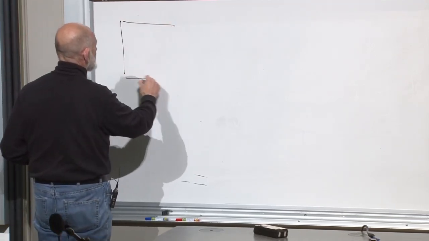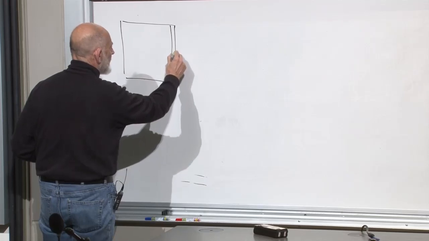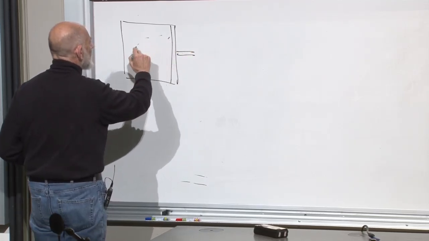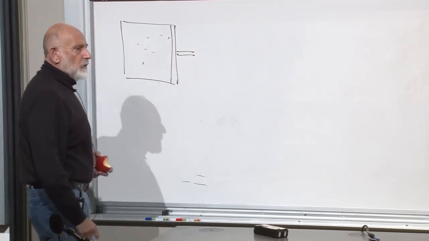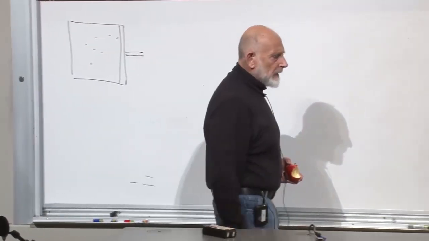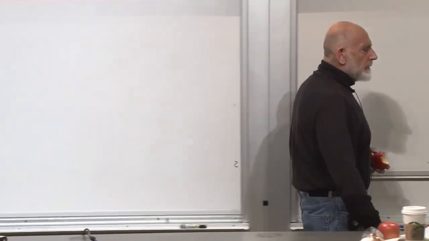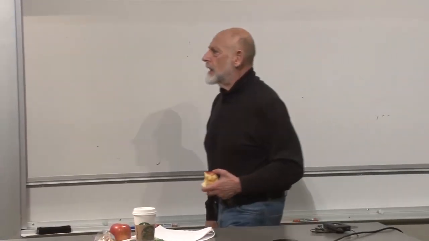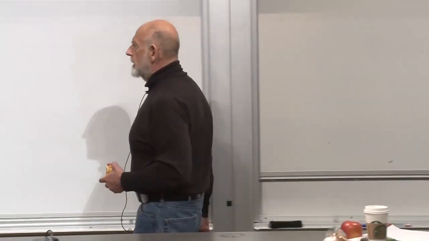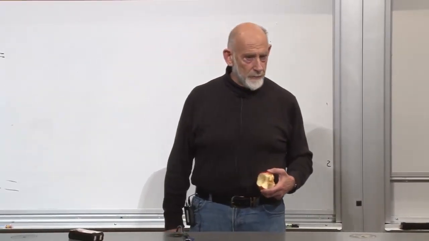Here's our cylinder. Here's our piston. The molecules in here are hitting the piston and so forth, exerting pressure on it. Supposing we move the piston a little bit. The pressure in the interior does work on the piston.